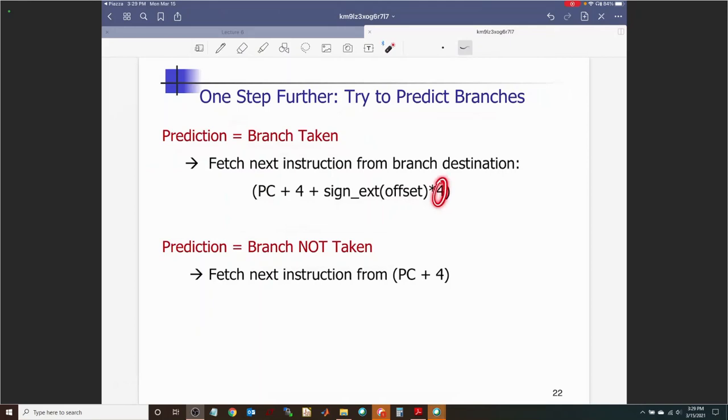This 4 is to convert a word offset into a byte offset and then add everything else, right? So that would be your new program counter. That's when branch is going to be taken. When branch is not taken, you simply work on the instruction that just follows the branch instruction, which is PC equals PC plus 4. So those are the only two possibilities, and you have to predict which one.